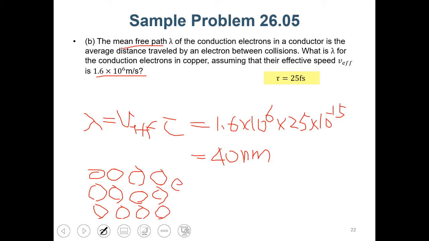The electron may go through some of the copper atoms until it hits one, and then it goes in another direction. So 40 nanometers is close to, I'm not sure, maybe tens or hundreds of copper atoms, so it doesn't necessarily hit one right away; it may pass through some of the copper atoms.